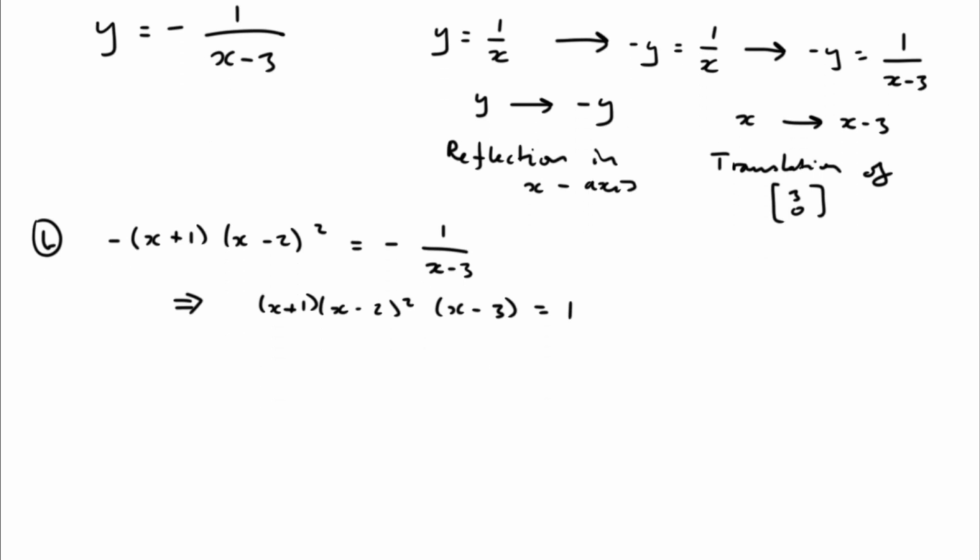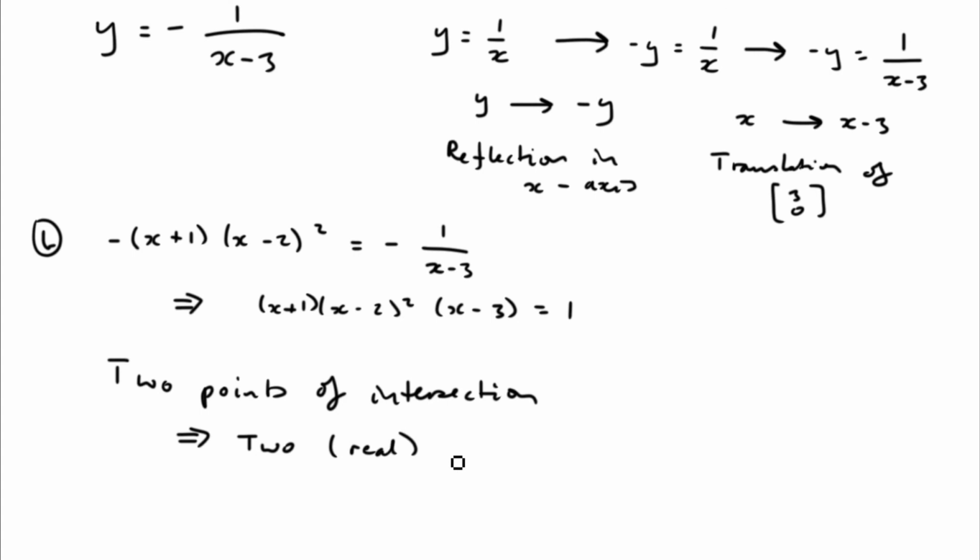So our final answer to this question would say that because there are 2 points of intersection, that means that the equation has 2, and if you feel you want to write the word real, you can do that, 2 real solutions.